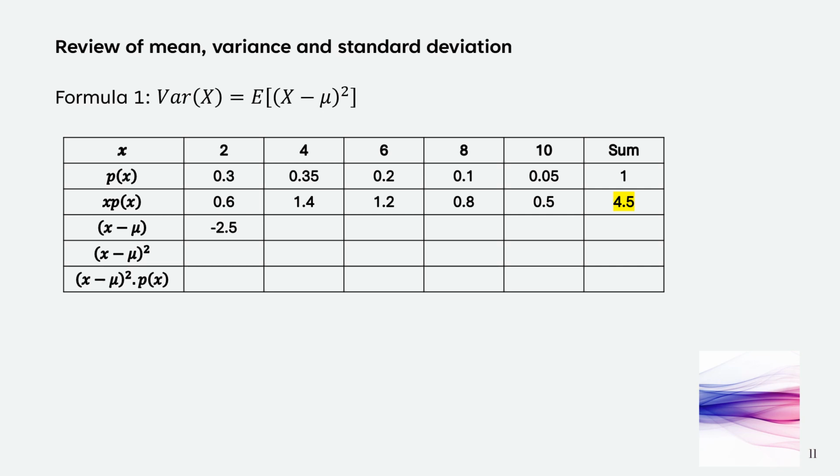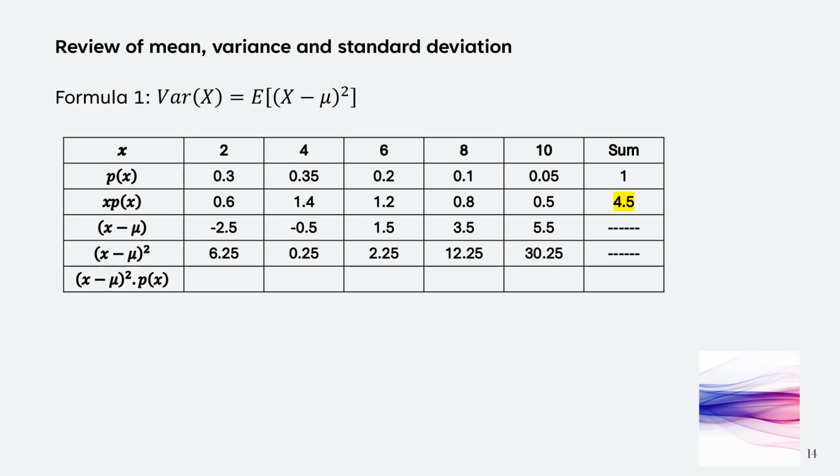So here's our table. For each score, we're going to subtract the mean. So the first one is score of 2 minus the mean of 4.5, which is minus 2.5. And if we do that for each one, we don't need a sum for those. Then we square each of those. So the square of minus 2.5 is 6.25. And that's the square of each of them.